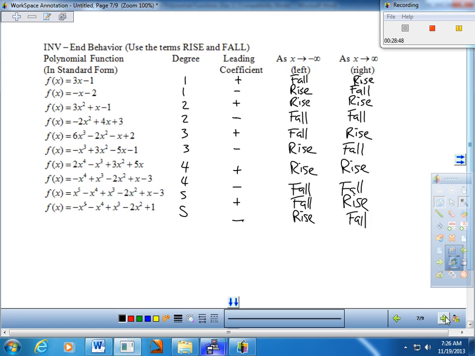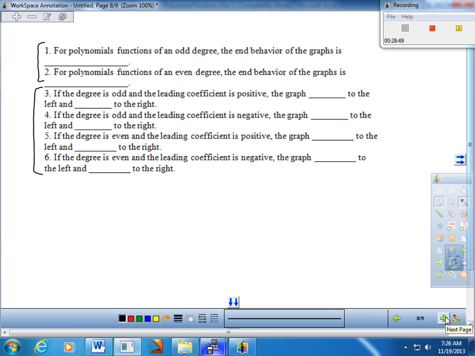For polynomial functions of an odd degree, the end behavior of the graphs is different. They're opposites. One is rise, one is fall. Whereas I hope you noticed for the evens, the quadratics, the quartics, degree 6, if we did that, they would be the same.